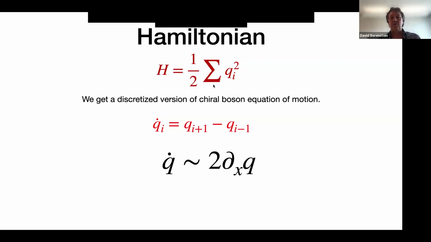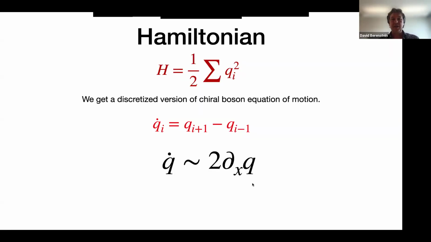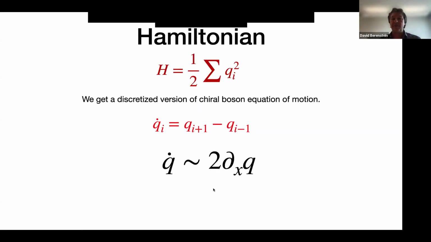And then when you compute the equations of motion for Q, you get that Qi dot is Qi plus 1 minus Qi minus 1. And the sign choice tells you that it's plus Qi plus 1 and minus Qi minus 1. And then when you look at this, if you take the naive continuum limit of long wavelength expansion, you get something that has a Q dot approximately equal to twice the derivative of Q with respect to X. So it's as if you constructed something that satisfies a first order differential equation with the speed of light being equal to 2.